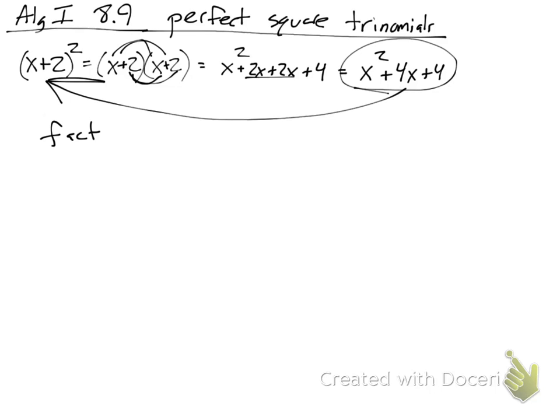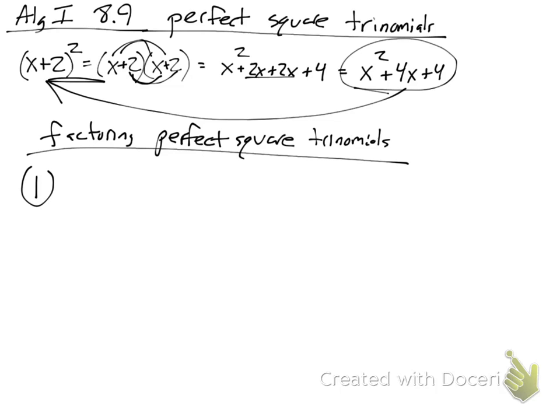So let's do factoring perfect square trinomials. Let's give some steps here. Number 1: write down the pattern.